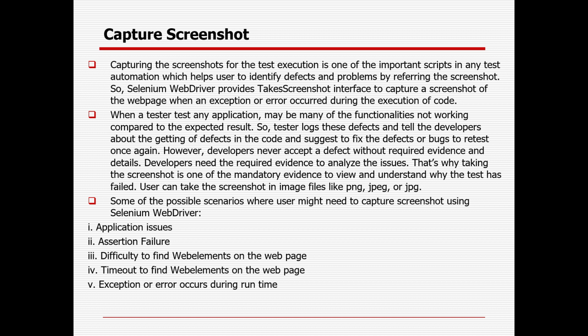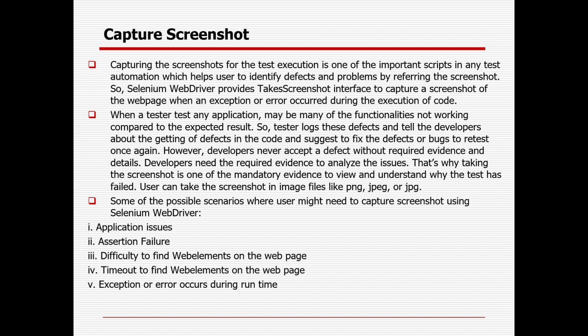So Selenium WebDriver also provides the TakesScreenshot interface to capture a screenshot of the web page when any kind of exception, error or mismatch happens during the execution of the code. Sometimes you find some fallacy and you log it as a defect. But until your screenshot is there, the developer will not agree. Until your screenshot is there, nobody knows what the steps are or how to proceed.